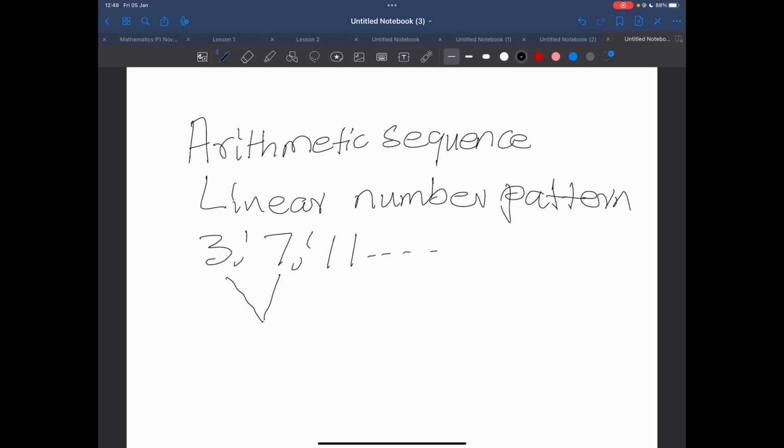So term 2 in this case is 7 minus 3, which gives us a 4. And in this case we do the same: 11 minus 7 is also giving us a 4. So we can see there is a common difference of 4. Because it has a first common difference of 4, we call this an arithmetic sequence.